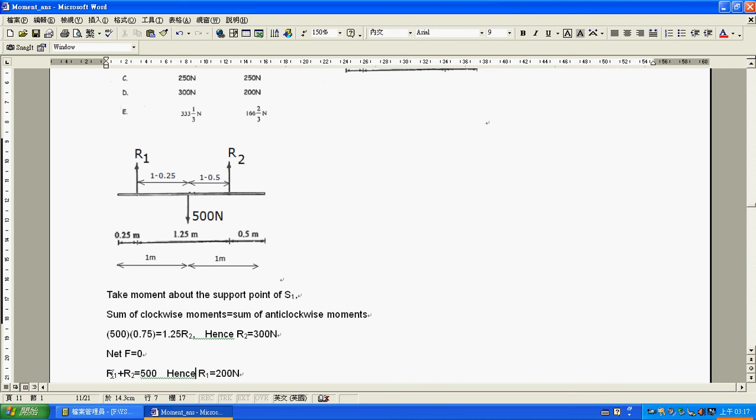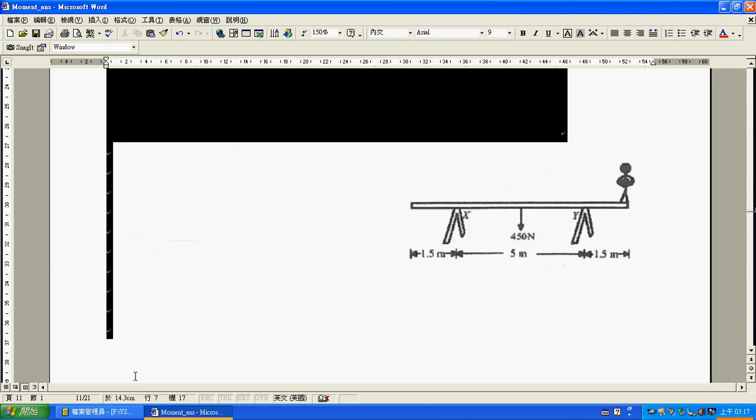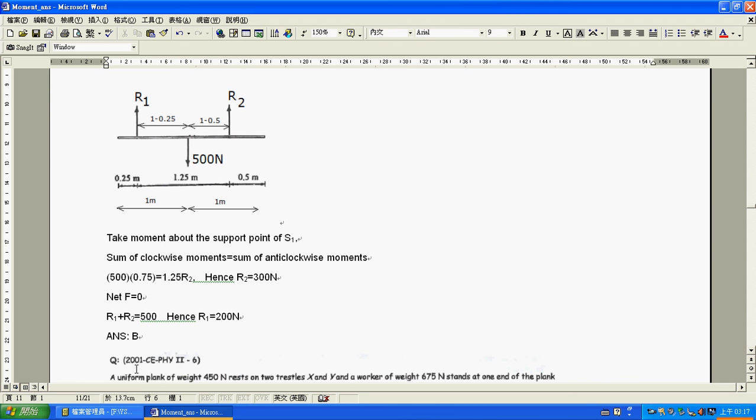So the total of the upward forces R1 plus R2, which tend to lift the rod upward, is equal to the downward force, which tends to pull the rod downward. But now the rod neither goes up nor down, so they are equal. Now with that, we get R1 equals 500 minus 300, and we get R1 equals 200.